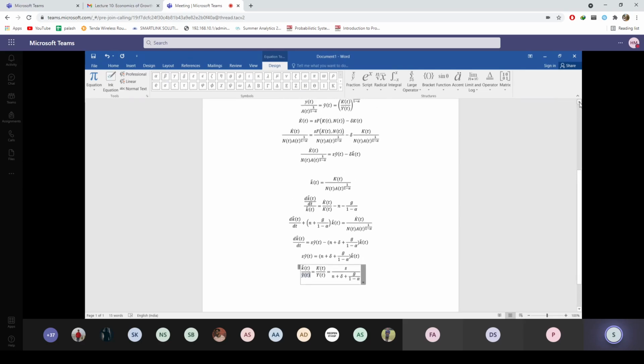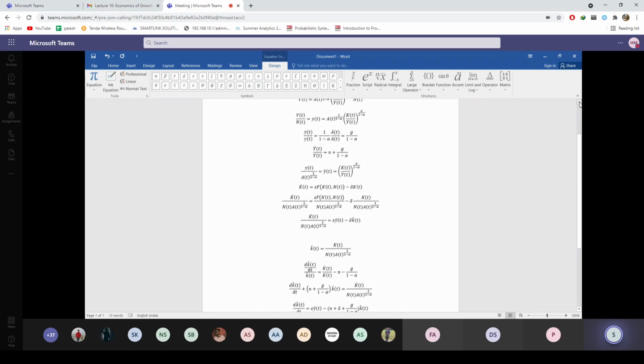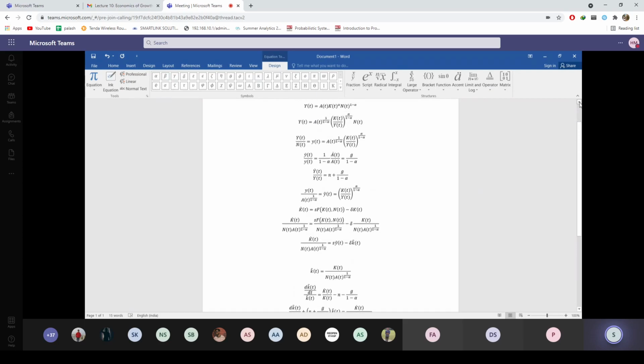So having seen the production function, you first have to realize, how do I define my variable in such a way so that I can set its derivative at the steady state to 0. These are called state variables. This small k or small K hat, the way I have defined, is a state variable.